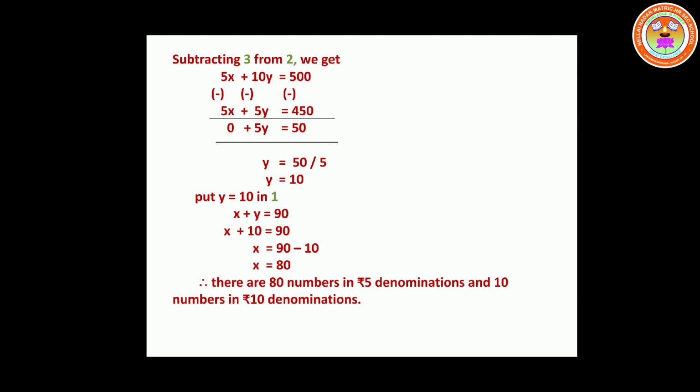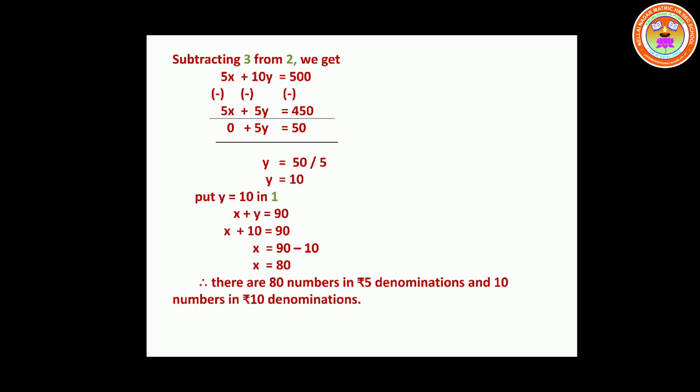So 5x becomes negative, 5y becomes negative, and plus 450 becomes minus 450. Here 5x and minus 5x both get cancelled. The balance is plus 10y minus 5y, which becomes 5y, equal to 500 minus 450, that is 50.